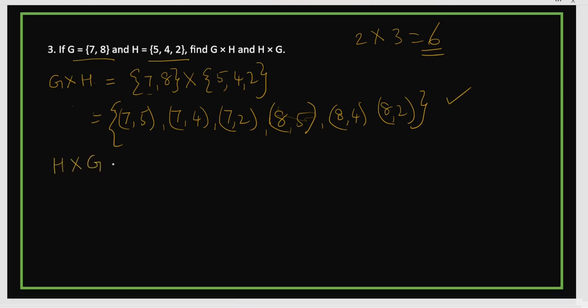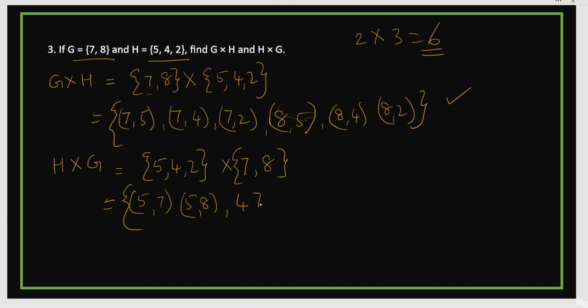And now what about H and G? The Cartesian product of H into G. What we have to do is take H first: {5, 4, 2} cross {7, 8}. With 5, we take both the other elements: (5, 7), (5, 8), (4, 7), (4, 8), (2, 7), (2, 8).